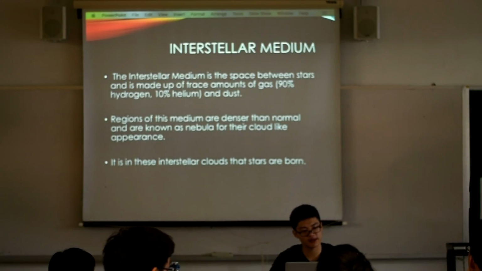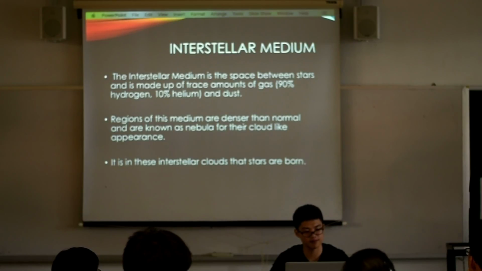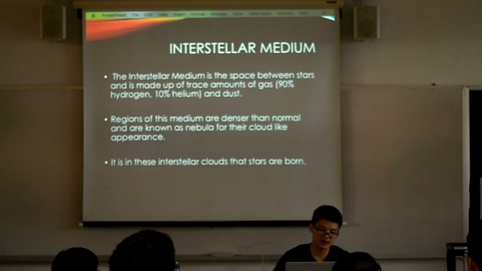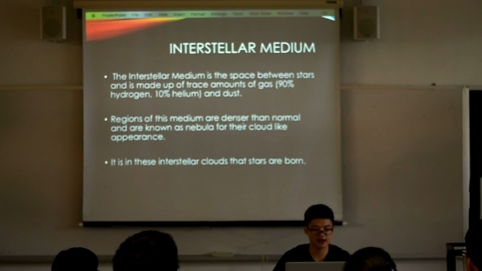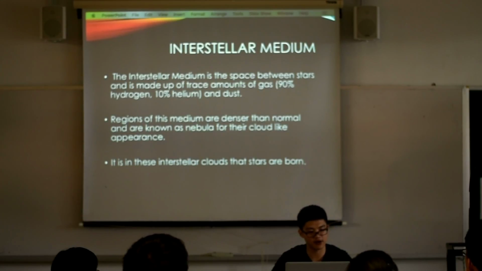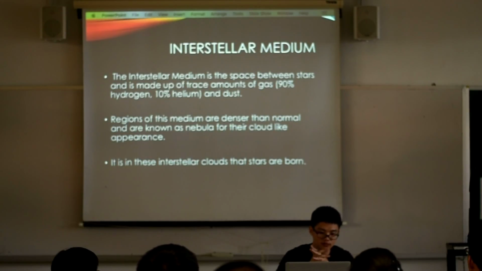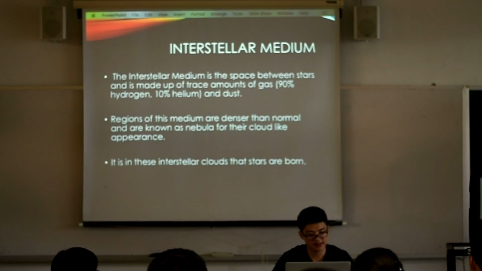The regions of this medium that are denser than normal are known as nebulae, as they have a cloud-like appearance. So it is in this interstellar cloud that stars are formed.